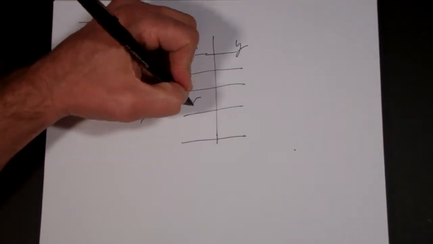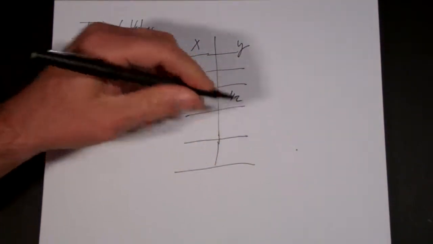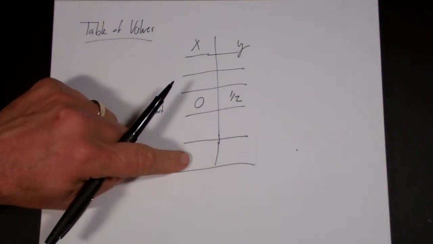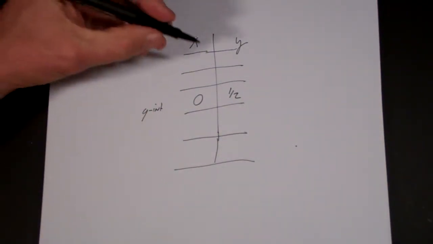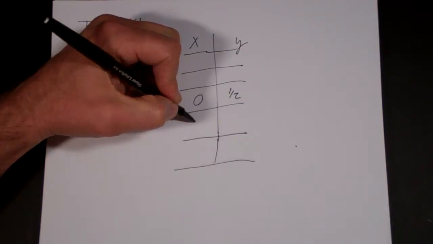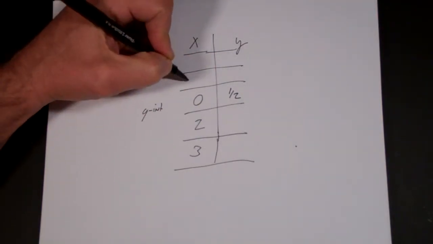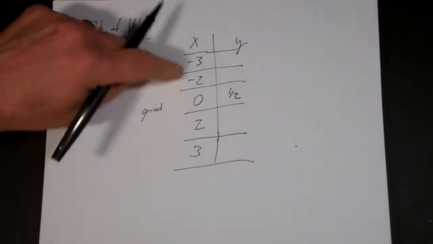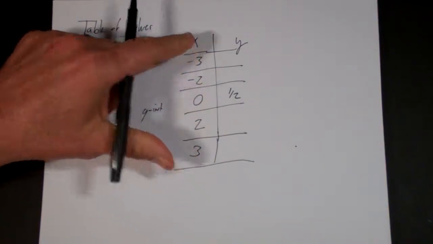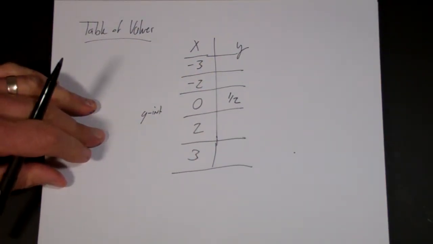The y-intercept is (0, 1/2). And now I'm going to choose 2 points that are larger than 0 and 2 points smaller than 0, 2 values of x. I'm going to choose the values 2 and 3, -2 and -3. Now, when we're doing parabolas, you want to make sure that these are equally spaced, and in this case it's not important.